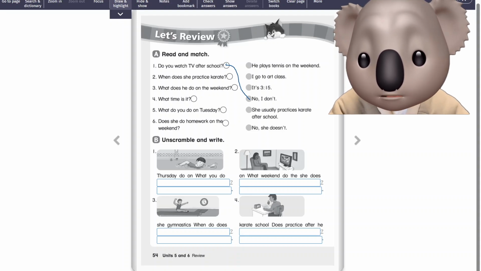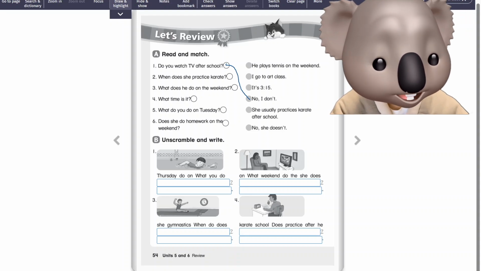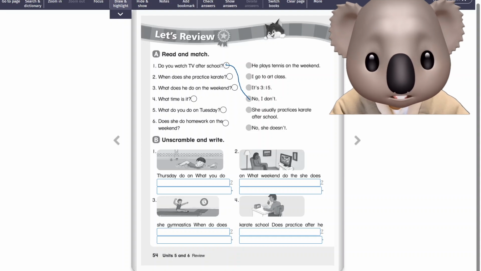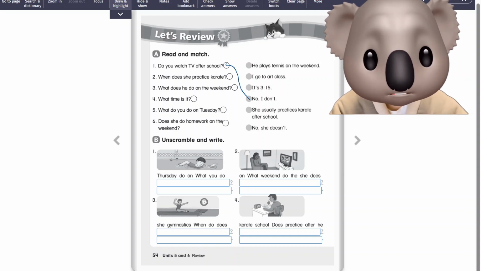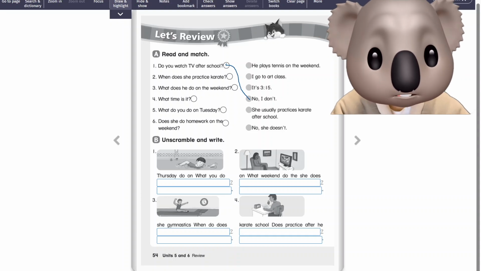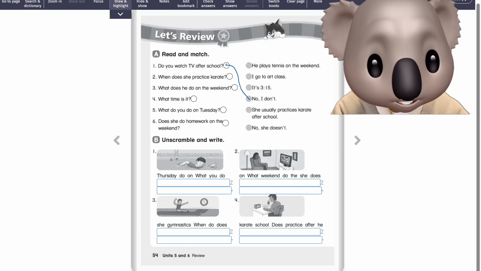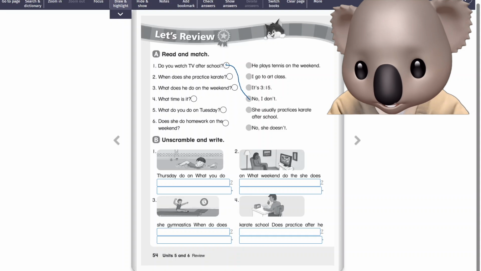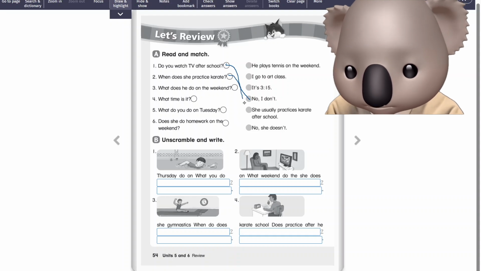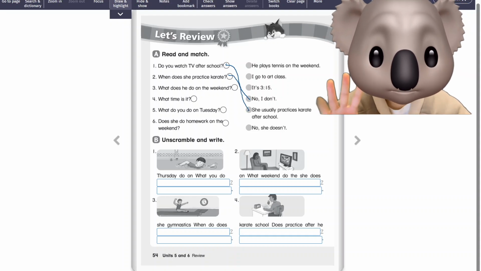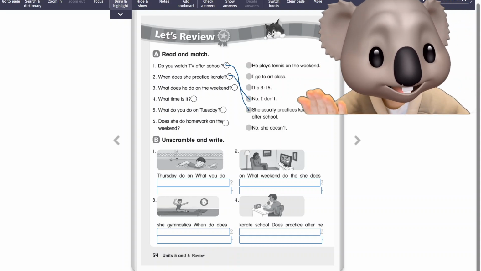Number 2. When does she practice karate? 그러면 대답에는 she가 들어가 있어야 되고 그리고 karate에 대한 질문이니까 karate 단어도 있어야 되죠. He plays tennis on the weekend. I go to art school. It's 3:15. She usually practices karate after school. Right here. For numbers 3, 4, 5, and 6, I'd like you to do it on your own.